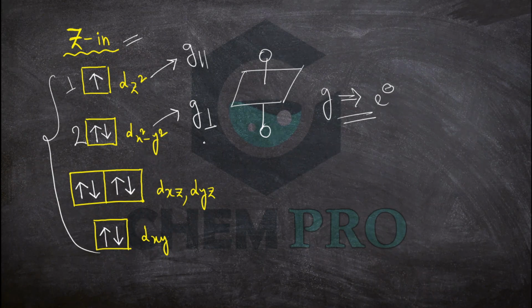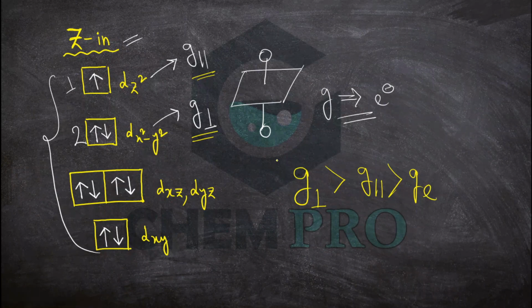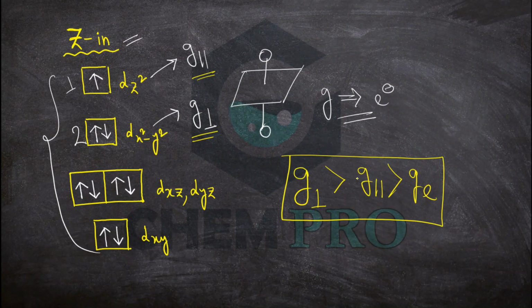So we can easily say that here the G perpendicular value is higher than the G parallel value, so this will satisfy the second trend or second condition, that is G perpendicular greater than G parallel greater than GE.